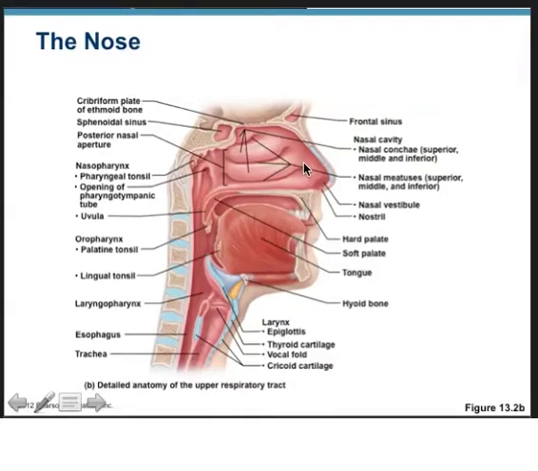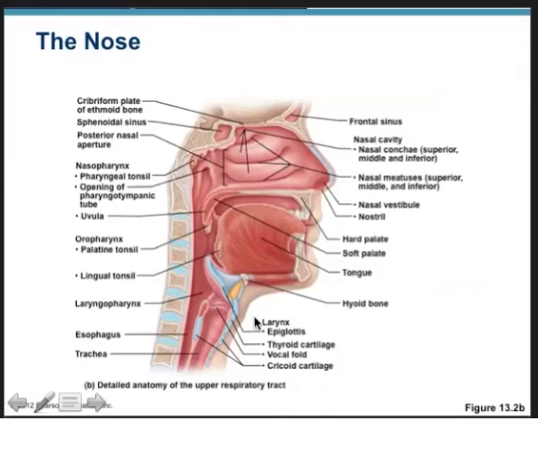Particulates get trapped in the mucus and also trapped by the vibrissae, and the air gets humidified as well as warmed up, and this prepares it for entry into the pharynx, which has three regions: the nasopharynx, the oropharynx, and the laryngopharynx, and from there for entry into the trachea through a hole that's called the glottis.